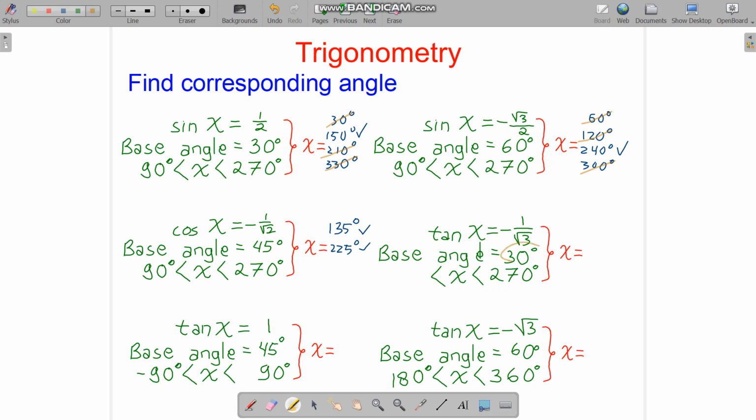Same thing here, 30 degrees. Wait a minute, there's supposed to be a number here. Let's use maybe 90 degrees. So 30 degrees, this is tangent 30 degrees, so negative tangent, negative, quadrant 2 or quadrant 4. We cannot use quadrant 4 because of the domain. You can use only quadrant 2, and the quadrant 2 corresponding angle for 30 degrees is 150 degrees only.